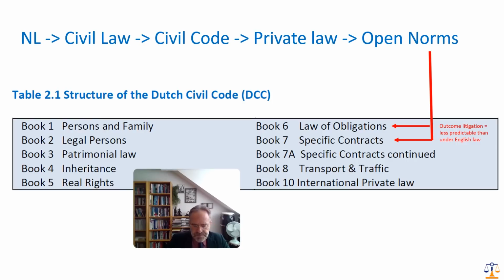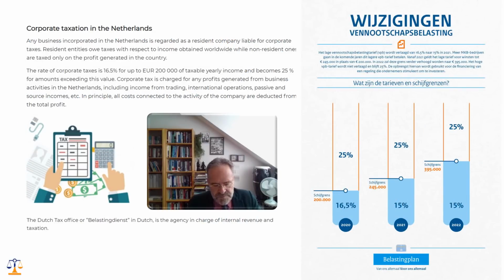What you are also interested in from a hard law perspective is taxes. When you study finance, you will study costs. I think you will also look into corporate tax, because corporate tax is what you need to pay on your profit to the government.